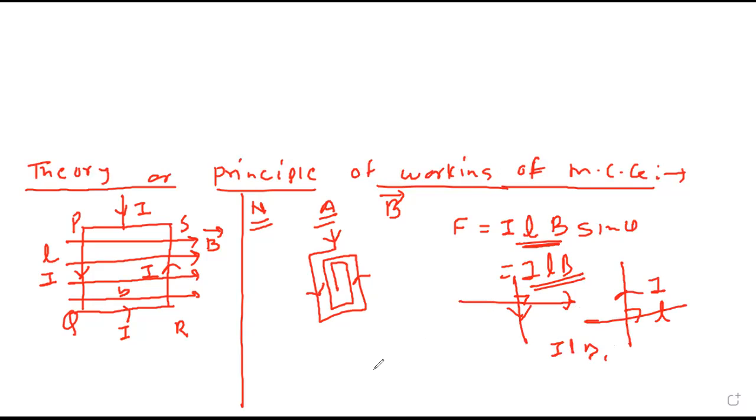Direction of force is given by Fleming's left hand rule. Imagine three fingers of the left hand, index finger, middle finger and thumb, to be outstretched mutually perpendicular to each other. Index finger represents magnetic field, middle finger represents current, and thumb represents force.